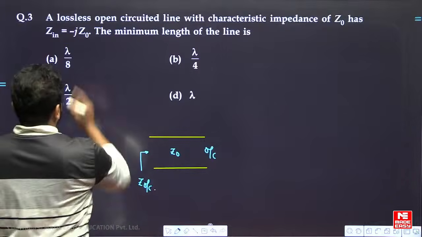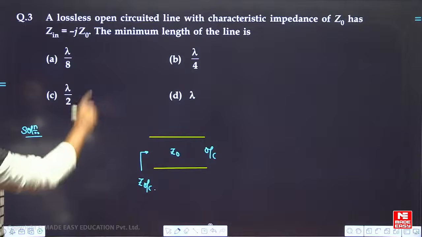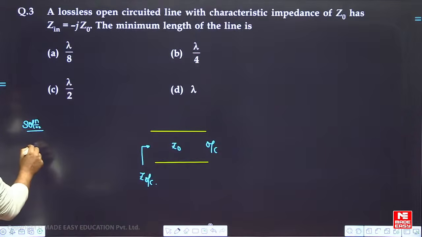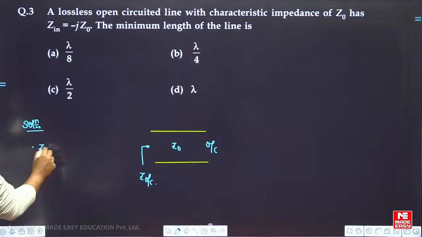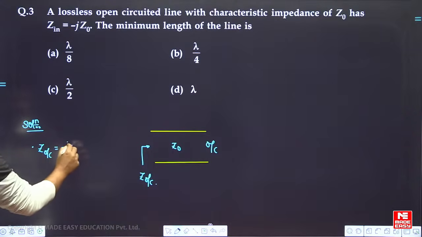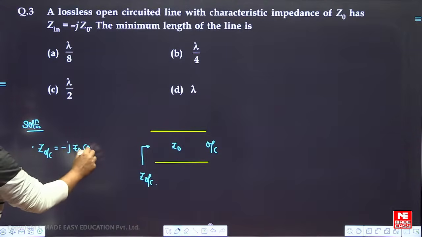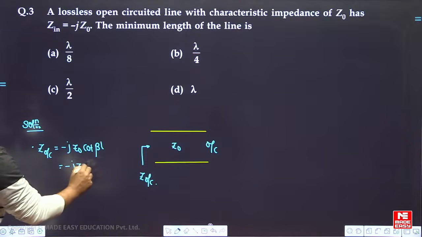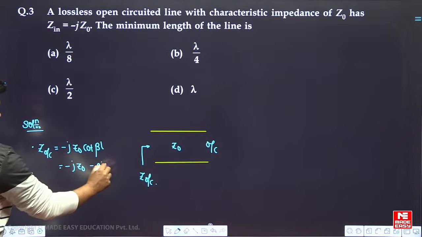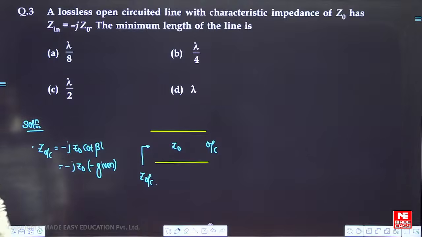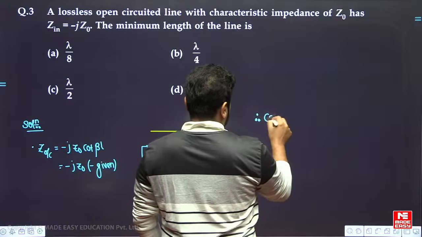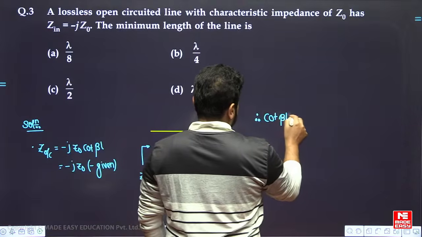This value is given as minus jZ0, and the characteristic impedance is Z0 only. We know the formula Z open circuit is minus jZ0 cot of beta L. Now it is given in the question that the input impedance is minus jZ0. So cot beta L should be equal to 1.